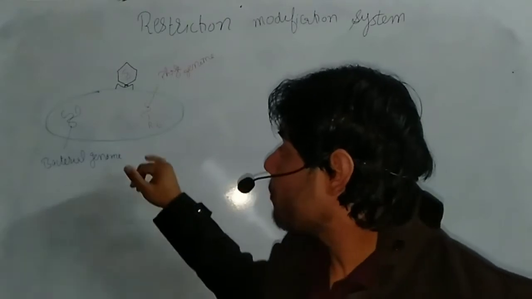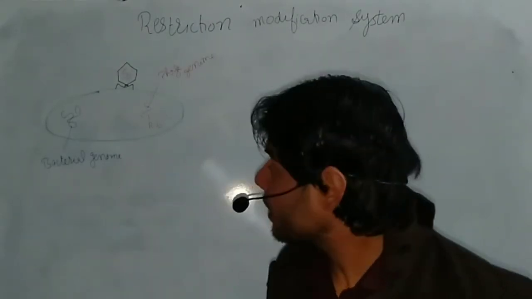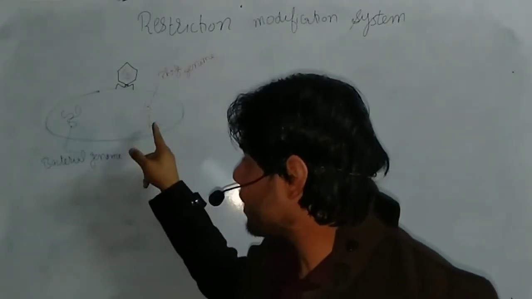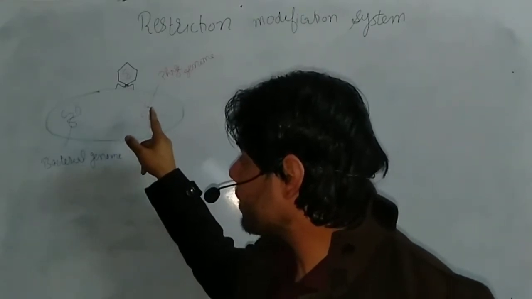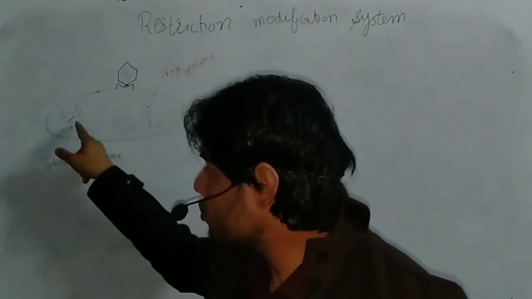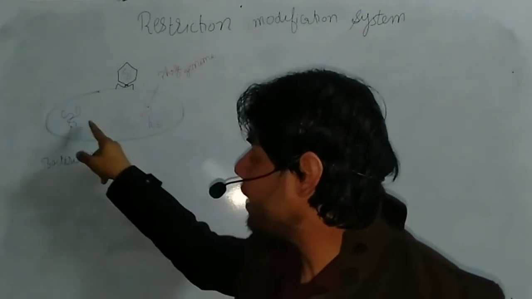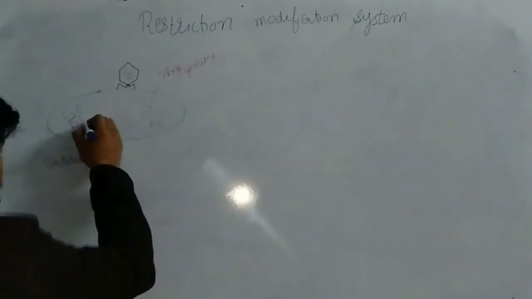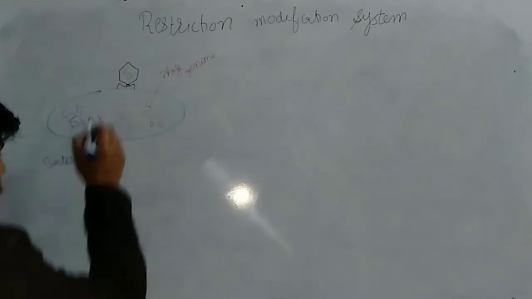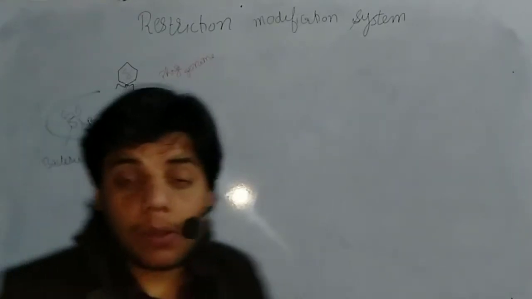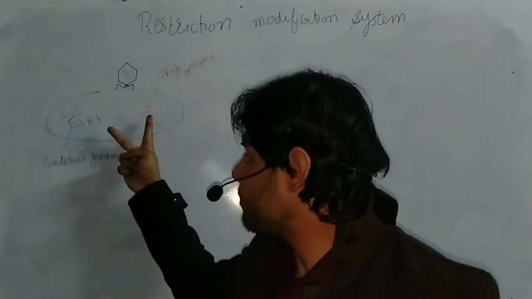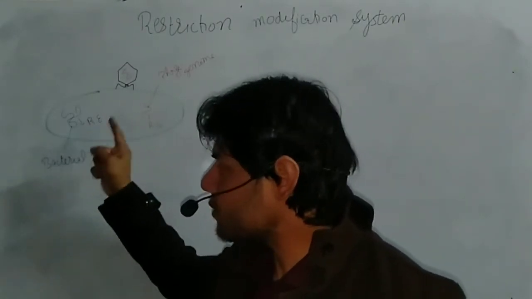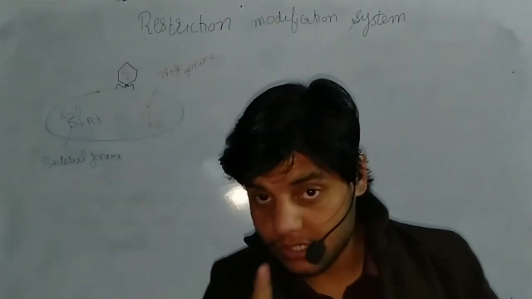Now, to prevent this phenomenon and protect its own genome, the bacterial cell can produce an enzyme which we call the restriction enzyme. Remember, a competition starts between them. Both can produce restriction enzyme.